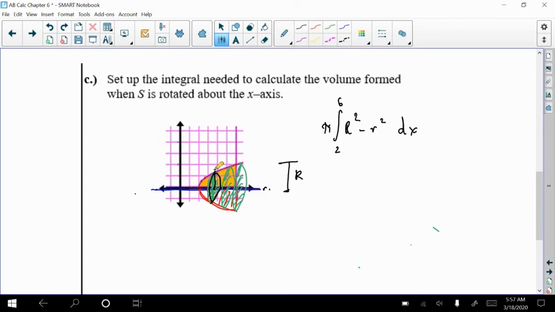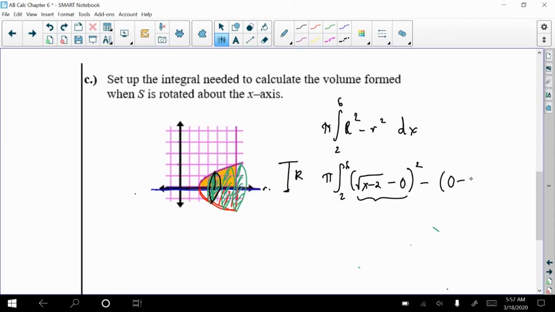Okay, the upper function is still our friend, the same function. So from 2 to 6, it's the square root of x minus 2 minus 0, our line of rotation, squared. So this again represents our big R. And then I'm going to still ask, what is the radius of our small one? Well, there is no radius, so it's 0.